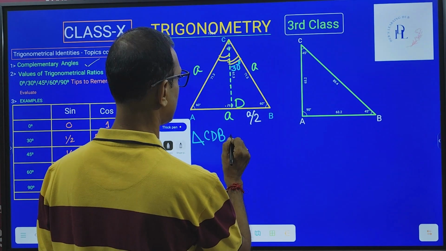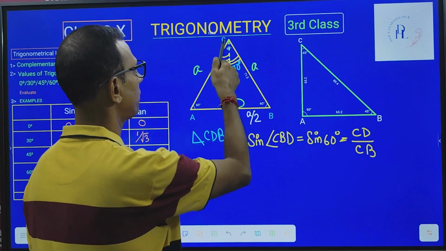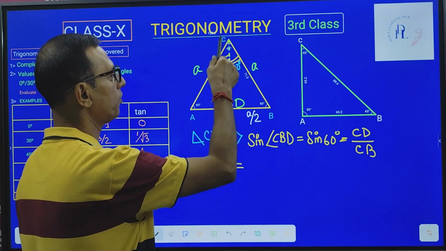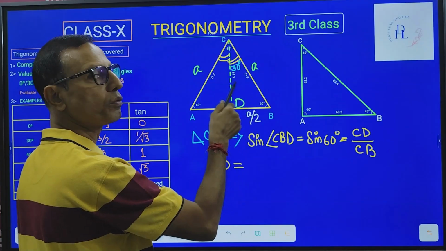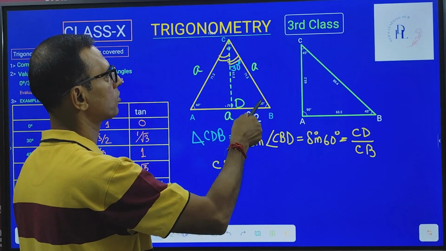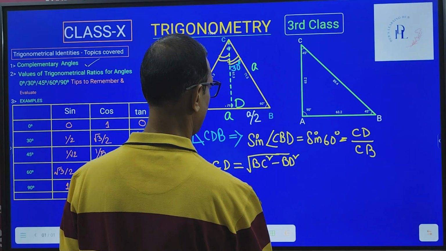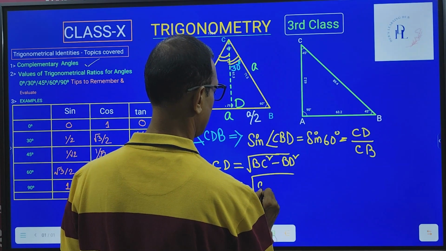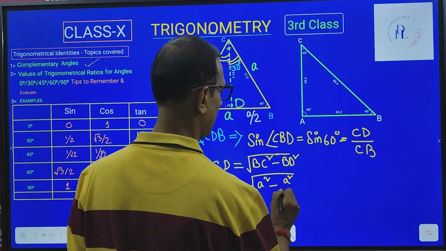Got it? In triangle CDB, what is the value of CD? Now it is a right triangle CDB. With respect to the Pythagoras theorem, CD square equals BC square minus BD square. BC square is A square and BD square is A square by 4, A by 2 whole square.